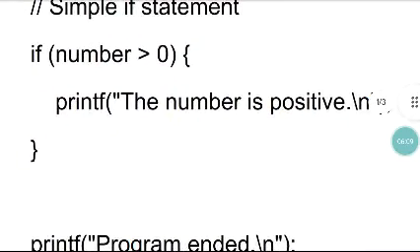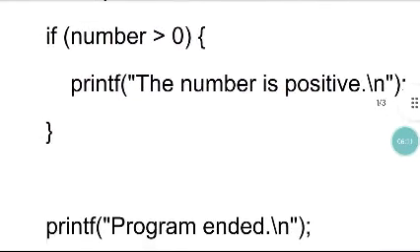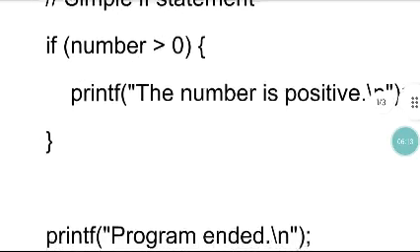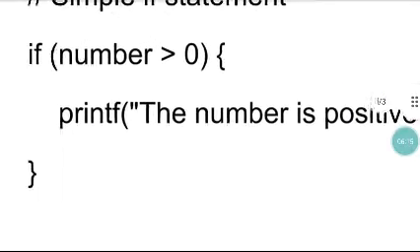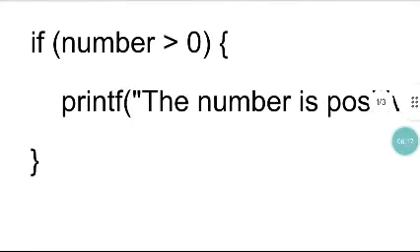So you can see here the rule of writing an if statement. You write if, then parentheses, and within the parentheses you write the relation, meaning the condition you want to test. Then you write the statement exactly after that.